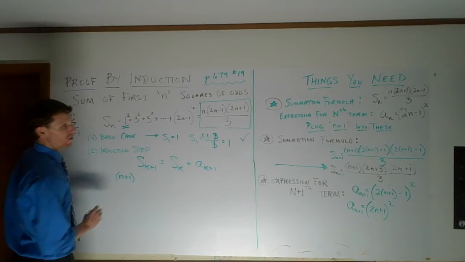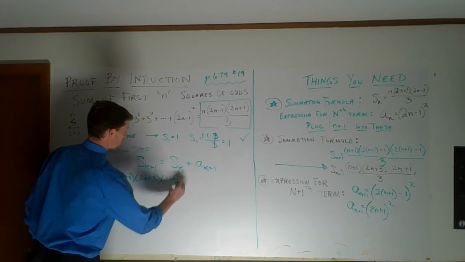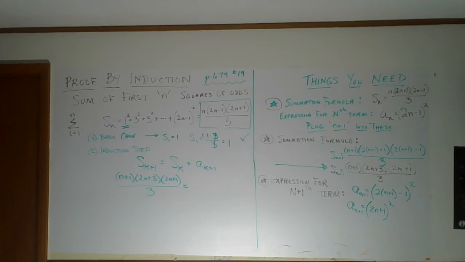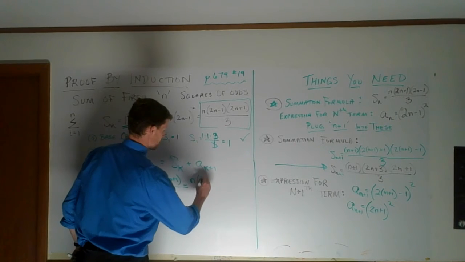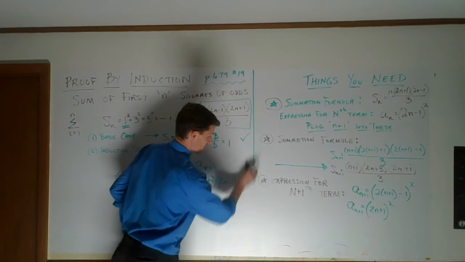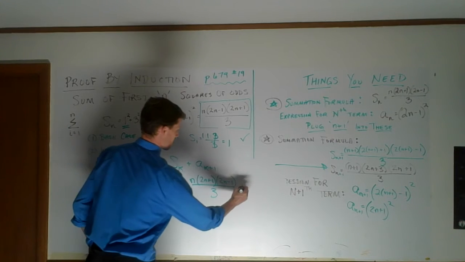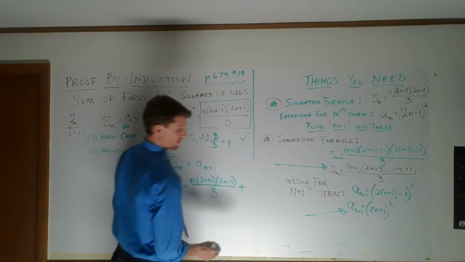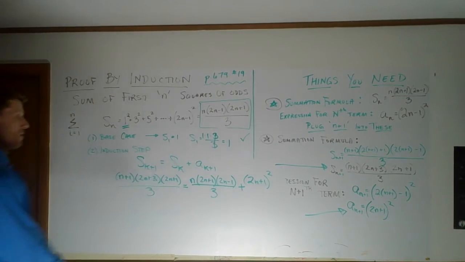N plus 1, 2n plus 3, 2n plus 1, all over 3, equals, going to be tight on space, S sub k, n, 2n plus 1, 2n minus 1, all over 3, plus this expression, this is what I need to show.